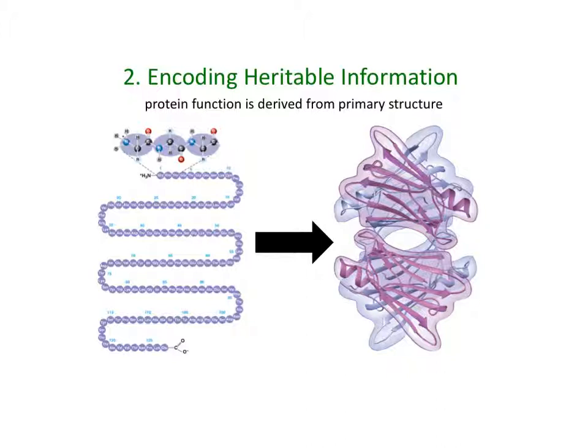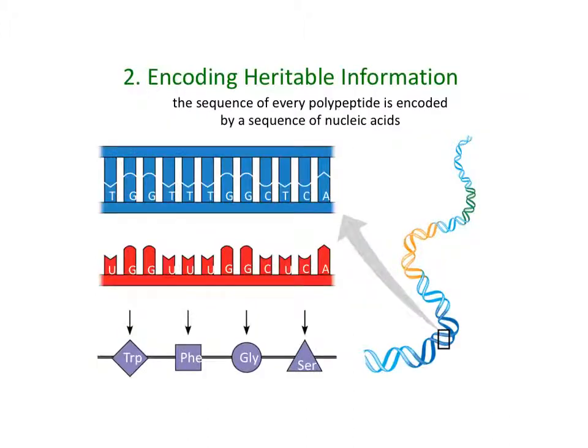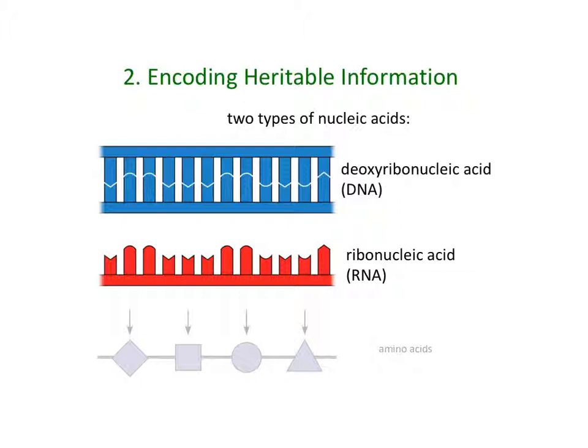So one of the primary other functions of nucleotides is that they are involved in encoding heritable information. So if you remember, the protein function is derived from its primary structure. Primary structure is just the sequence of amino acids. And so a sequence of every amino acid is encoded by a sequence of nucleotides, with there being two types of nucleotide.